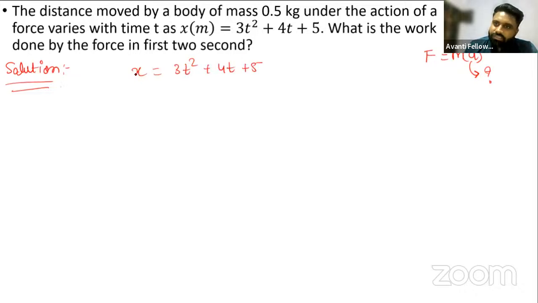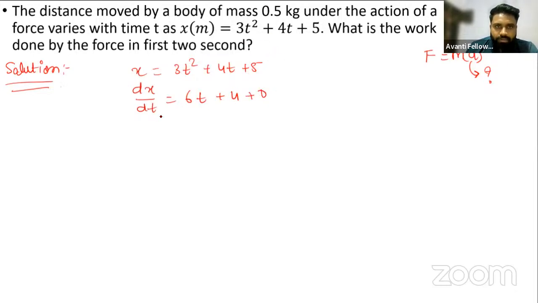We have to differentiate this x with respect to time, so that dx by dt here is 3t square. Differentiation of t square is 2t. It is 6t plus 4, because differentiation of t is 1 and differentiation of 5 is 0.